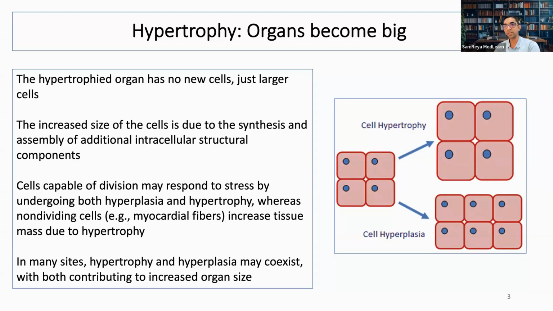If the cell cannot divide and you've categorized it as a non-dividing cell, it undergoes hypertrophy. And that's what I want you to understand here, that in certain tissues hyperplasia and hypertrophy might occur together. The cell increases in size as well as might increase in number, depending on what has triggered that adaptation in the cell. We'll talk about that in a bit.